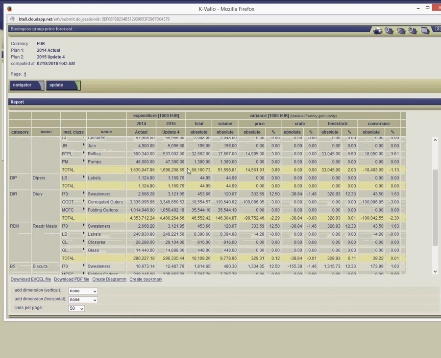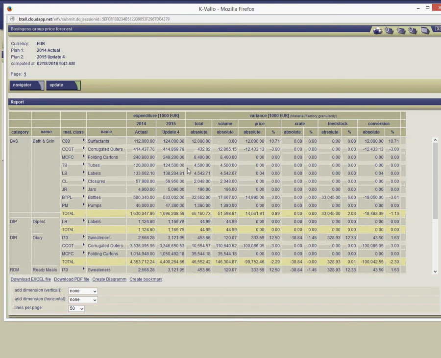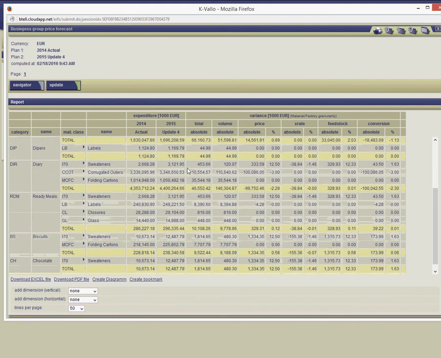Since every material is linked to a category, it can be several categories. As for sugar, sugar is in several categories. As you can see, the sugar is here and the sugar is here, and there's an allocation key. Every business category has its own interpretation. So the ready meals category has an increase of expenditure by 10,000 euros, which is about 3%, and mainly it is a volume effect, some X-rate effect, some feedstock effect, and some conversion effects.